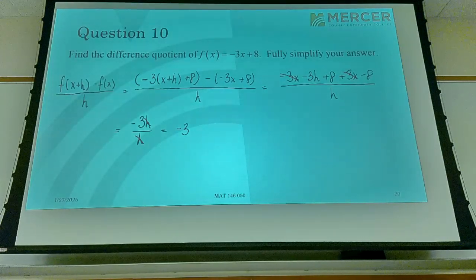If you think about it, -3x plus 8 is a line, isn't it? Which means the secant line between any 2 points on it is going to be the exact same line, so it's going to have a slope of -3. So your difference quotient should be a constant. So that one's easy.